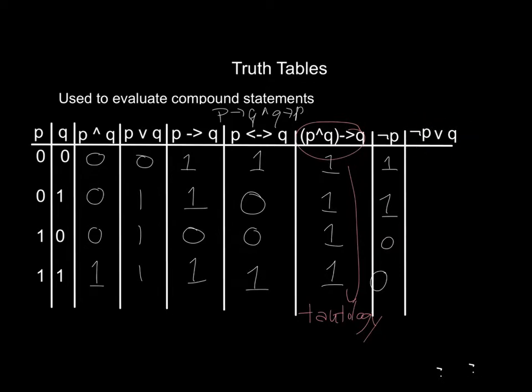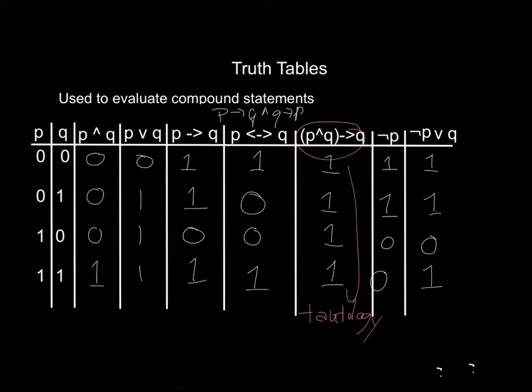Our last compound statement is not P or Q. So here, since not P is true, our or statement will be true because at least one thing is true. For our third line, here not P is false and Q is false, so neither is true, so the whole statement is false. And then at the very end, we have not Q true, which is enough to make the compound statement true.